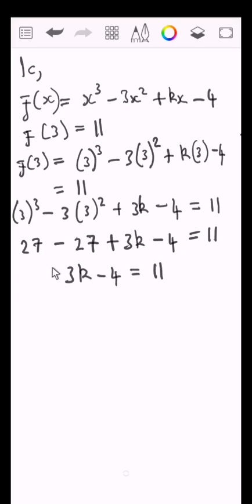We need to remain with 3k, rather we need to remain with k. Kureva kuti minus 4 inofanirwa kuuya kuchi ku right hand side. But kana ichijamba ichita cross over the equal sign inochinja its arithmetic sign. Kureva kuti panapa takunyora iri 3k is equal to 11 plus 4. Yachinja from minus 4 ikaenda kuna plus 4.